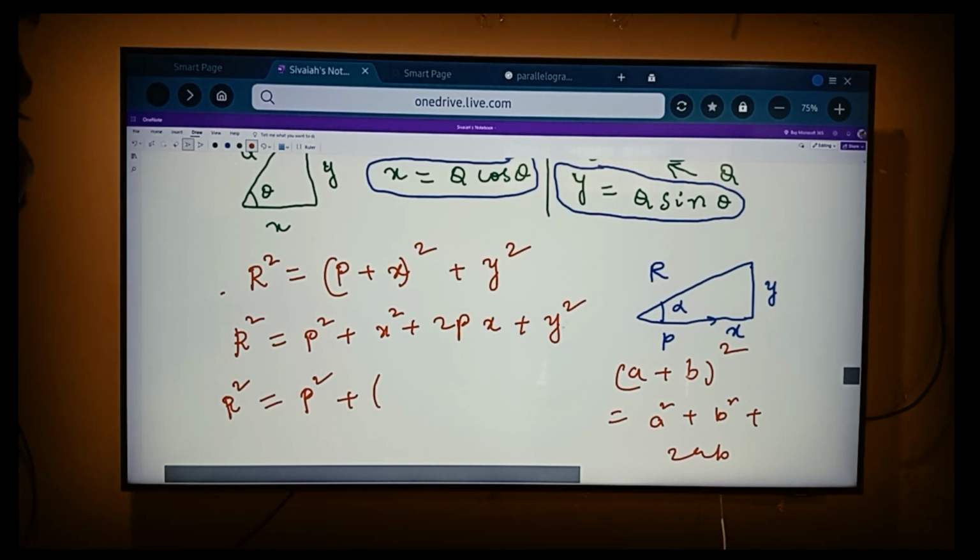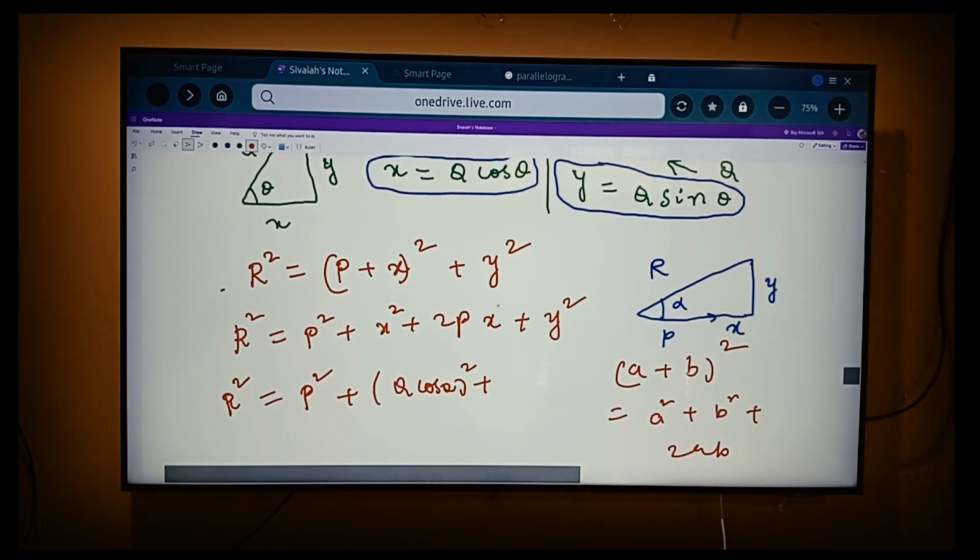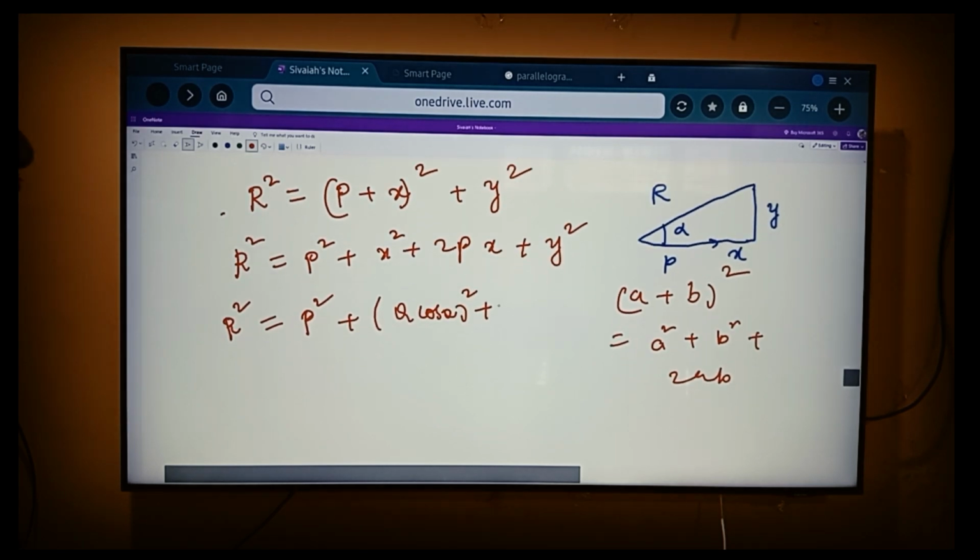So substitute x equal to Q cos theta whole square plus Q sin theta whole square. Remember the value. So 2P, x means Q cos theta, y means Q sin theta whole square, because we are considering y square.